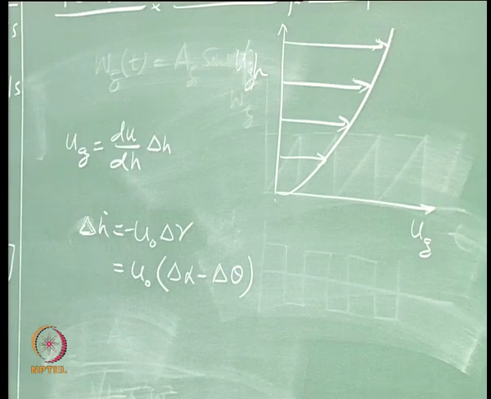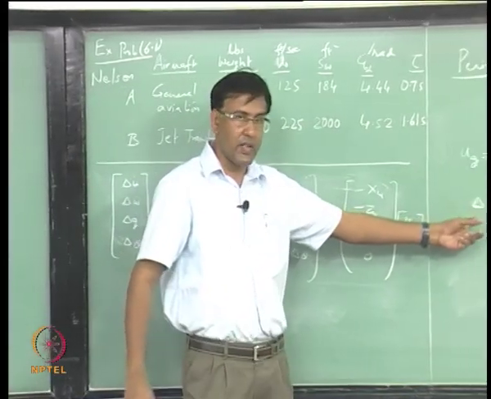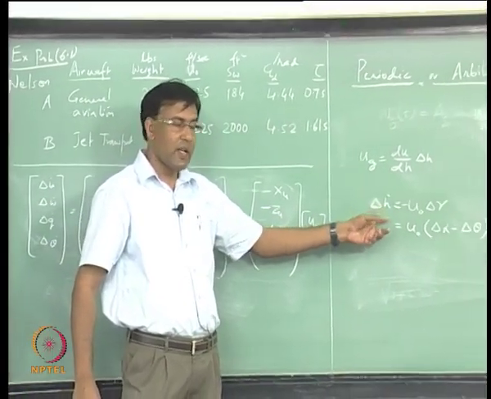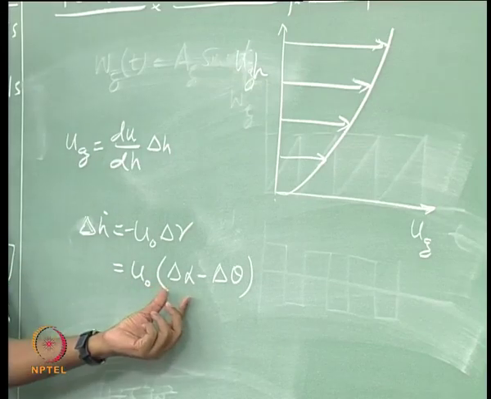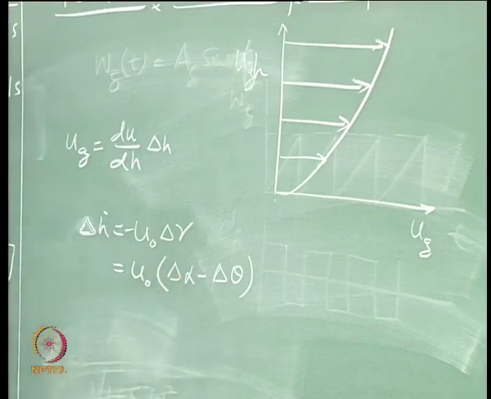So, you include this equation also in this model, right, because now this set of equations is coupled with this equation. Why is that? Because you have these two terms appearing here now, right, delta alpha and delta theta.